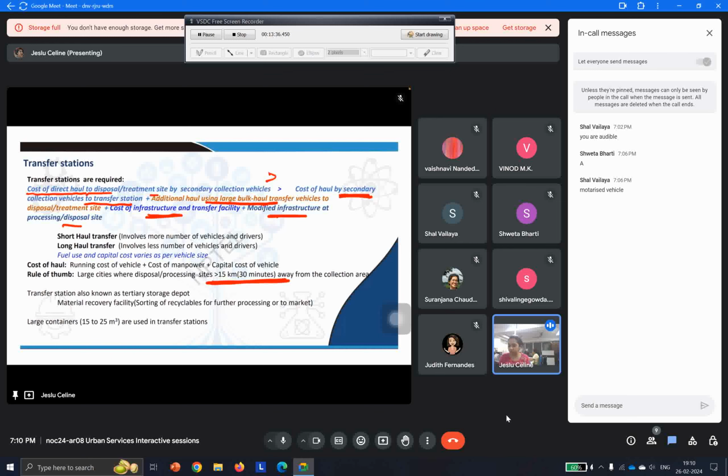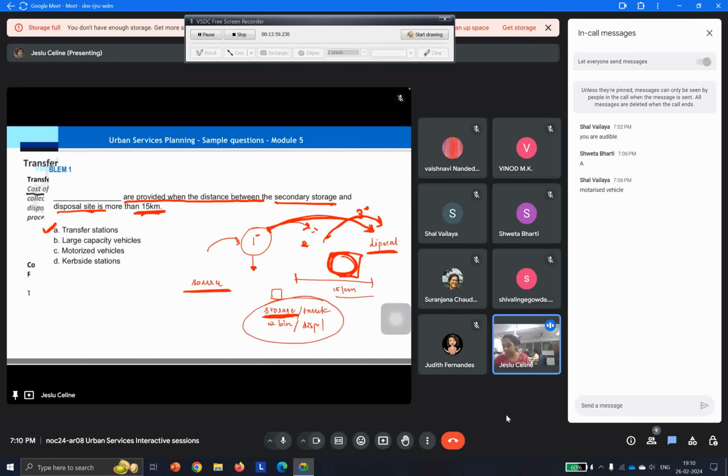The rule of thumb is taken in such a way that if the distance is more than 15 kilometers, mostly the direct cost will be higher and this cost will be lower. Since this cost is lower, we go for a transfer station. This is again just a rule of thumb, and before installing a transfer station we look into other factors also. So coming back to the question, the answer is transfer station.